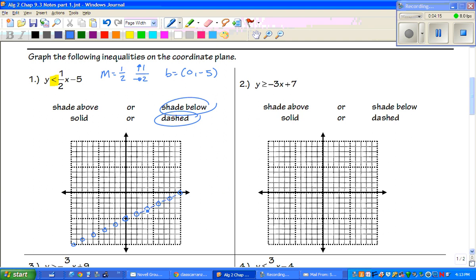You can add little dash marks and draw your arrows so they know that it keeps on going. And it's less than, which means I have to shade below. Anything in the yellow is a solution, and we'll talk more about that later.